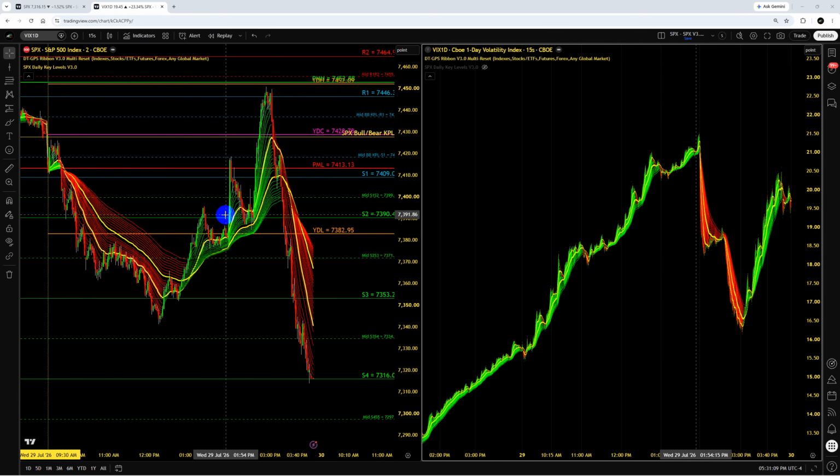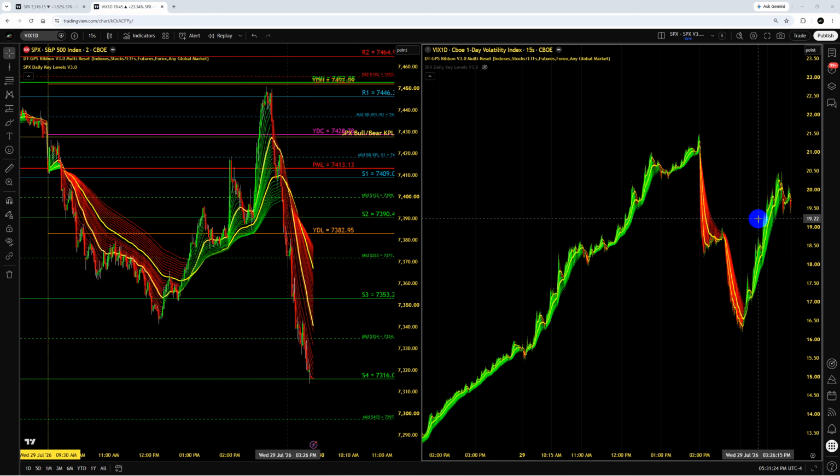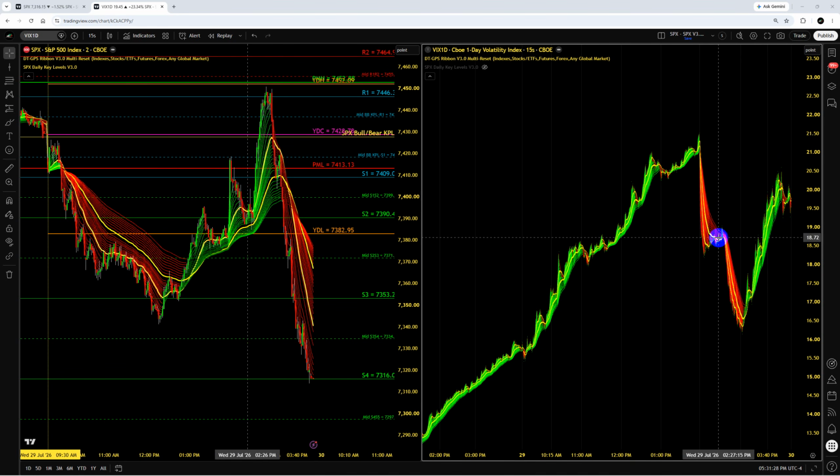And then typically after the Fed announcement, you'll get this volatility crush, usually instantaneously right after that. And then depending on which direction that's going in, it's either going to resume or continue with the VIX going down if it's going up like it did here.